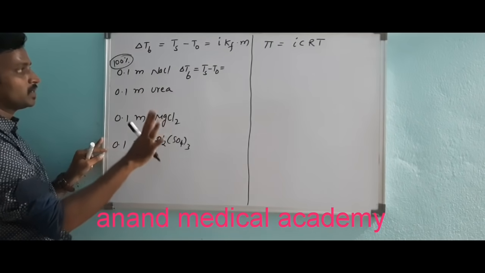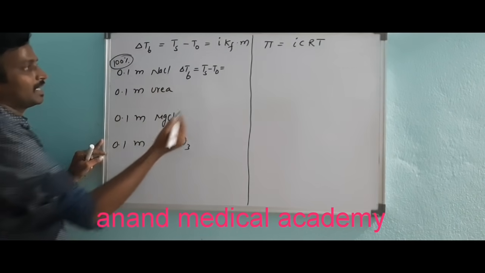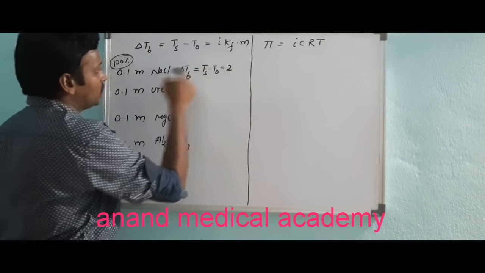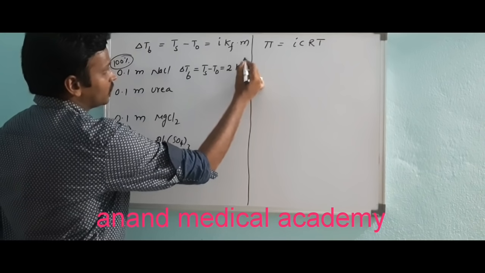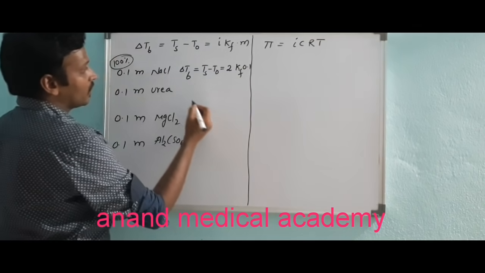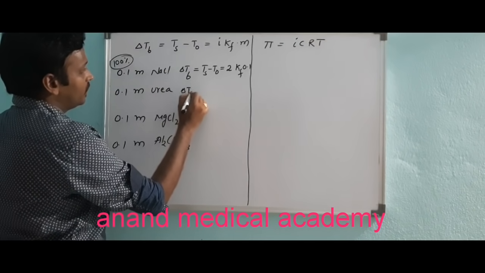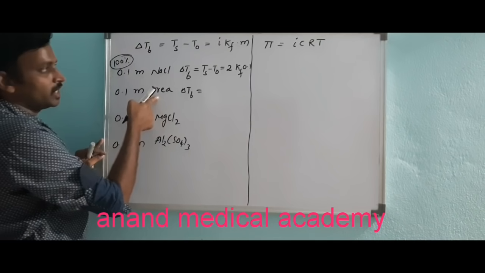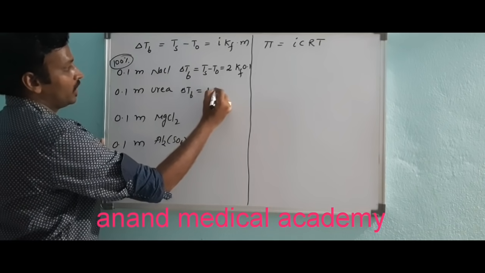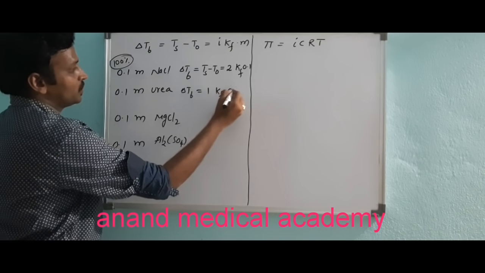So NaCl dissociates into Na plus and Cl minus, so I have to consider i value 2 here. So Kf into the concentration 0.1. So here delta Tb is equal to 2 into Kf into 0.1. Urea is ideal, no dissociation, no association, simply 1 into Kf into 0.1.